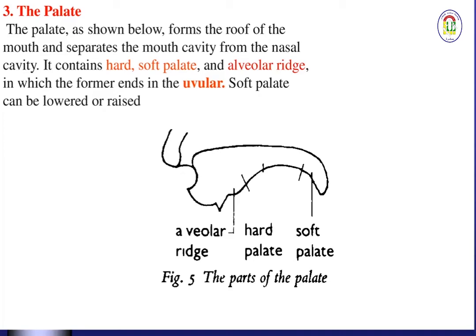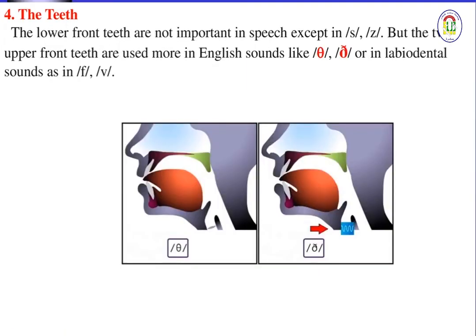The soft palate, which can be lowered and raised when producing nasal sounds and oral sounds, ends in the uvula. The lower front teeth are not important in speech production, except when you produce s and z. But the two upper front teeth are more important in the production of English sounds like th and th, and labiodental sounds f and v.